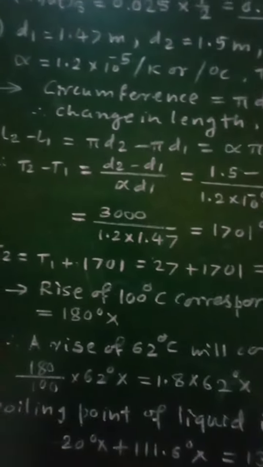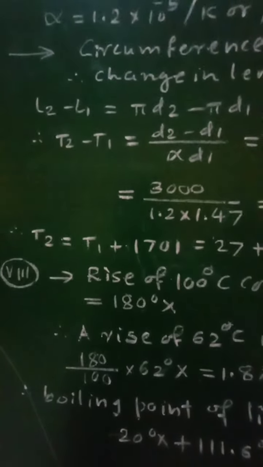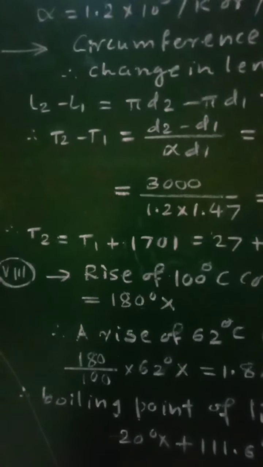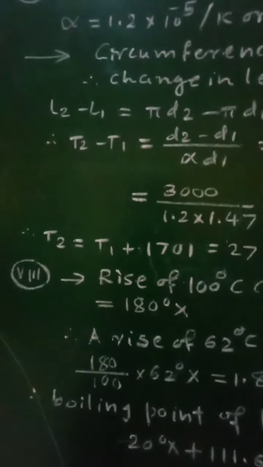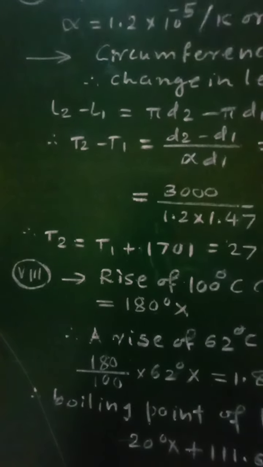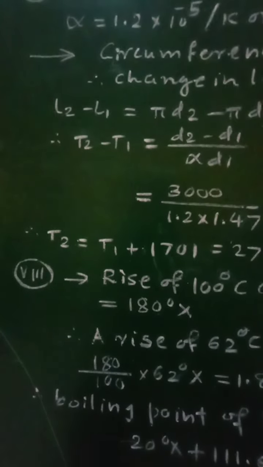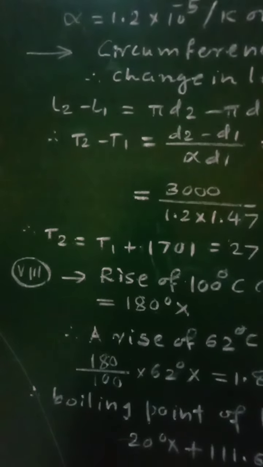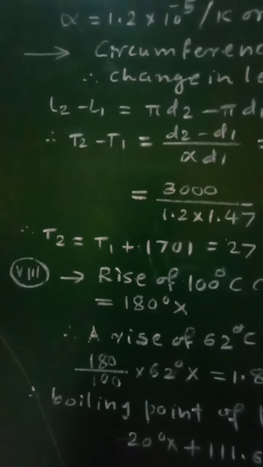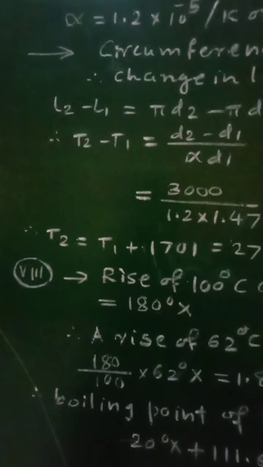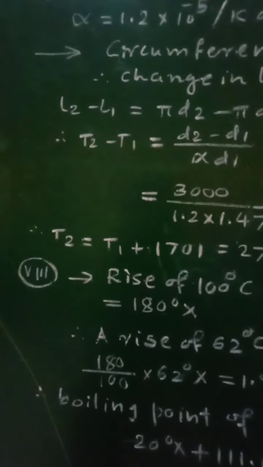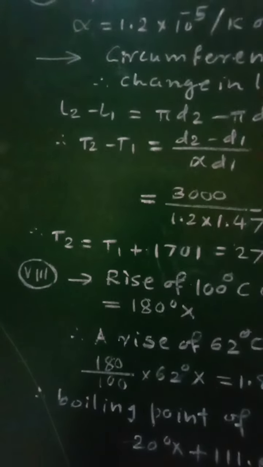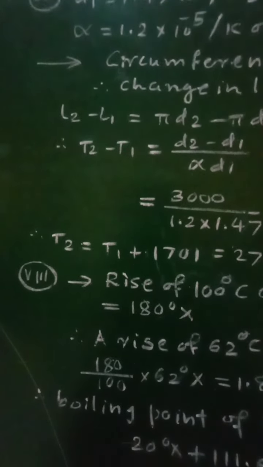And now let us see numerical number 8, which is given as: in a random temperature scale X, water boils at 200 degree X and freezes at 20 degree X. Find the boiling point of a liquid in this scale if it boils at 62 degrees Celsius.